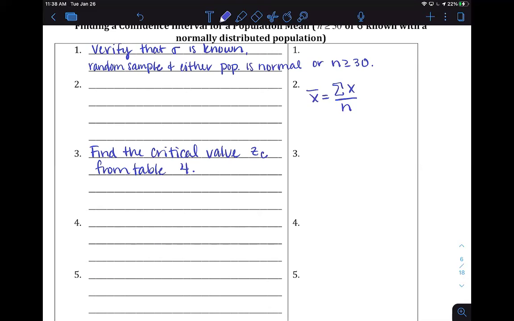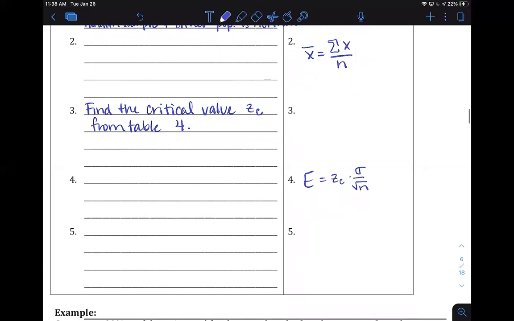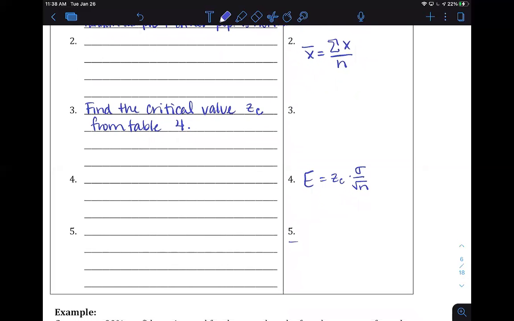Then we're going to find our margin of error E using our formula E equals Z sub C times the standard deviation divided by the square root of n. And then lastly, you're going to write your confidence interval: X bar minus E, which is less than our population mean, which is less than X bar plus E.